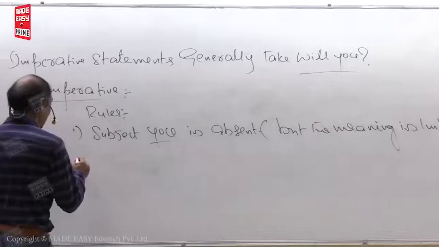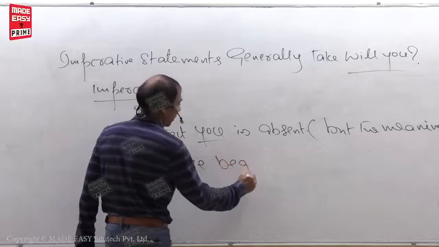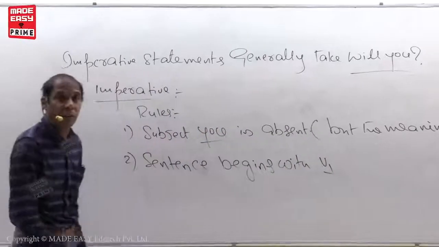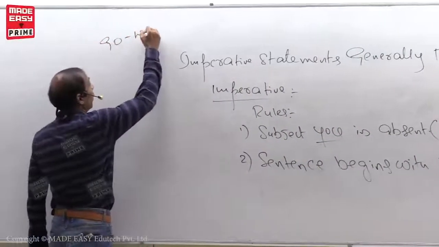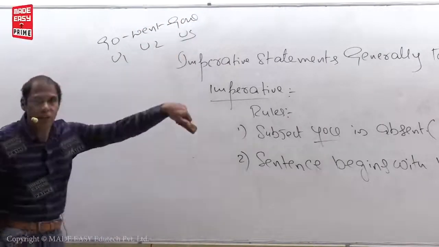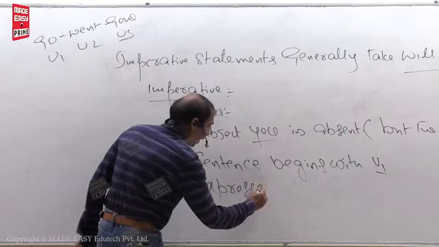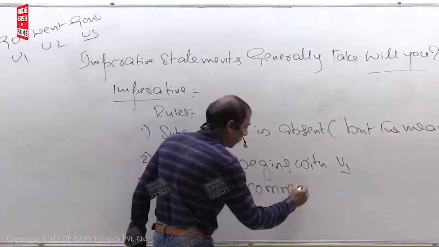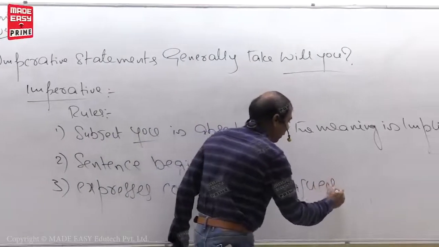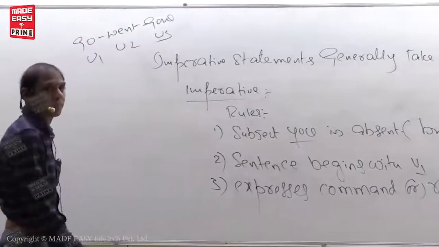Two: sentence begins with V1. V1 means verb 1. See, go, went, gone. Verb 1, verb 2, verb 3. Like this. Okay? Three: expresses command or request. Okay?